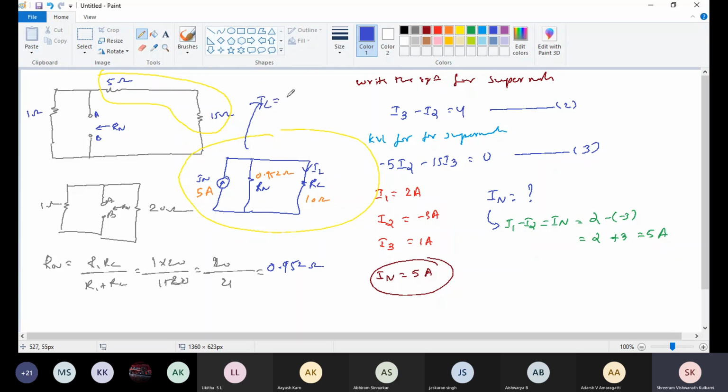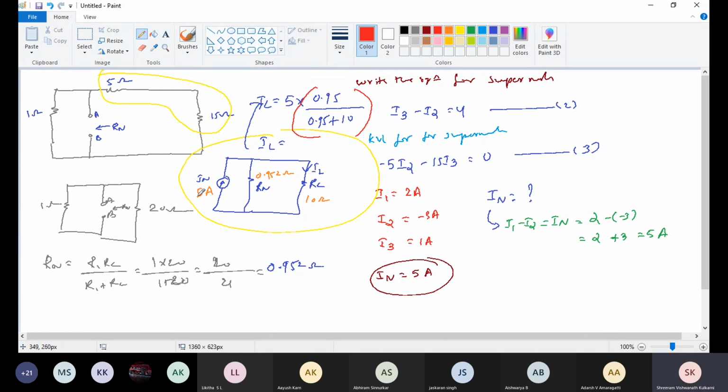Total current into opposite resistance, that is 0.952, divided by total resistance Rn plus RL. I am finding IL.